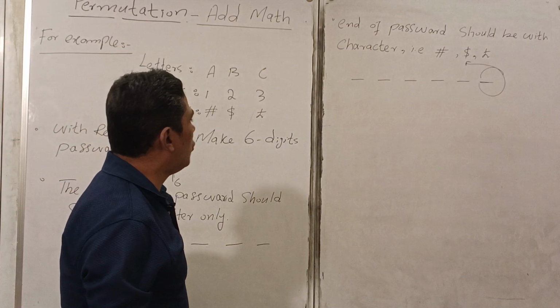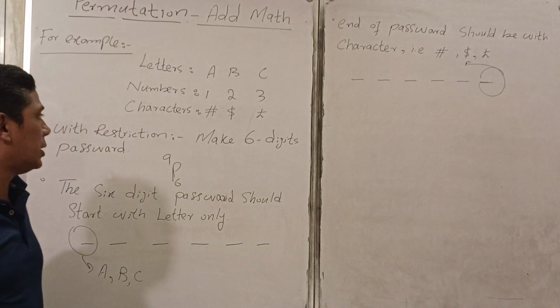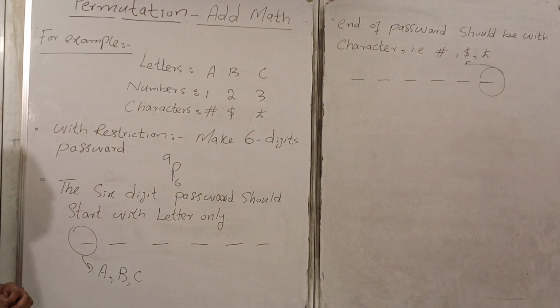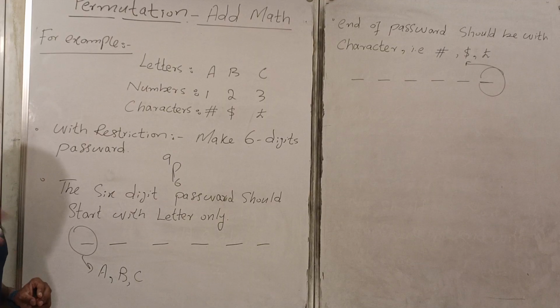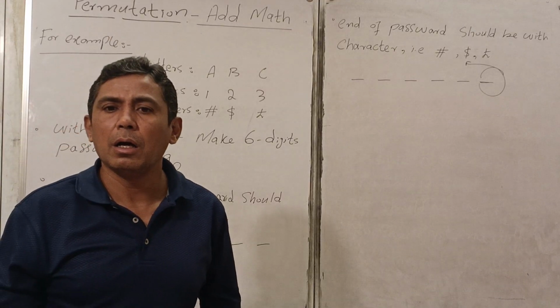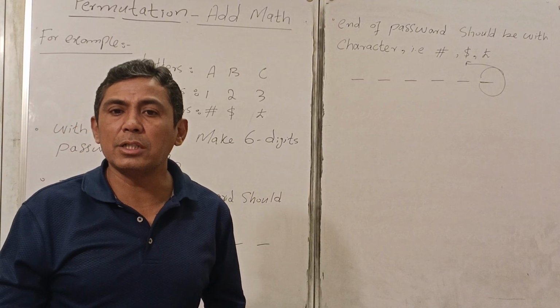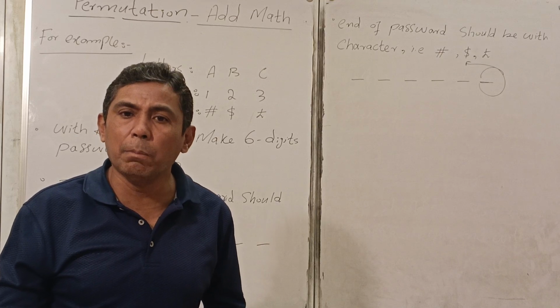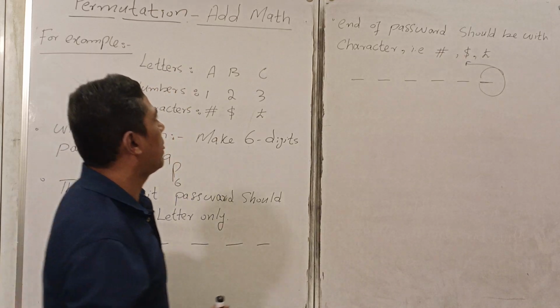And now, what other kinds of restrictions can you think of yourself? I say that the password is a 6-digit password, and it is possible that there should not be any number in the password. Okay, there should not be any number in the password.